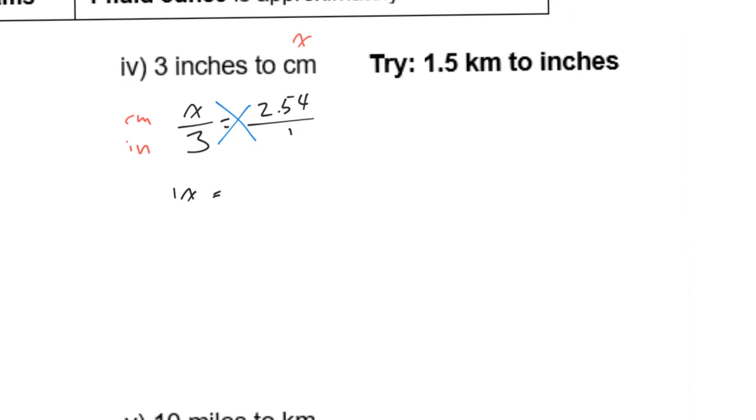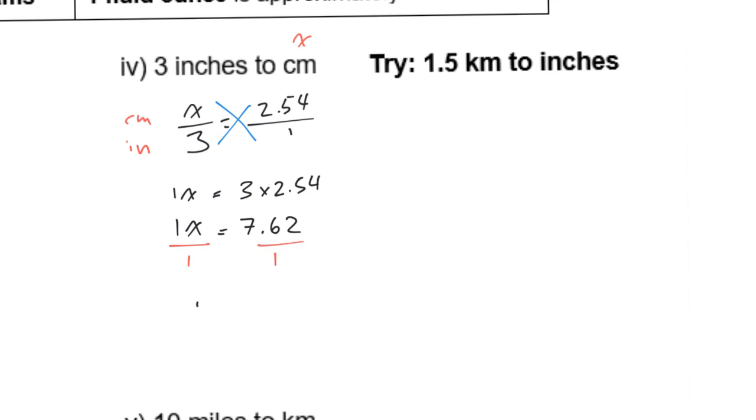So you're going to have the following. 1x is equal to, well, 3 times 2.54. So if you just don't have a 1, just multiply and get your answer. So in this case, you're going to get the following. 7.62 is 1x. And to get 1x by itself, we divide both sides by 1.